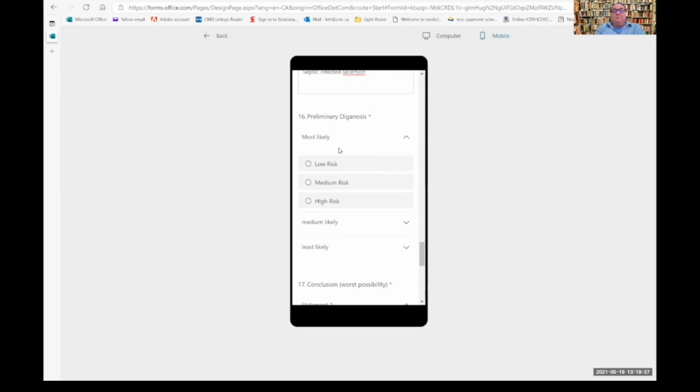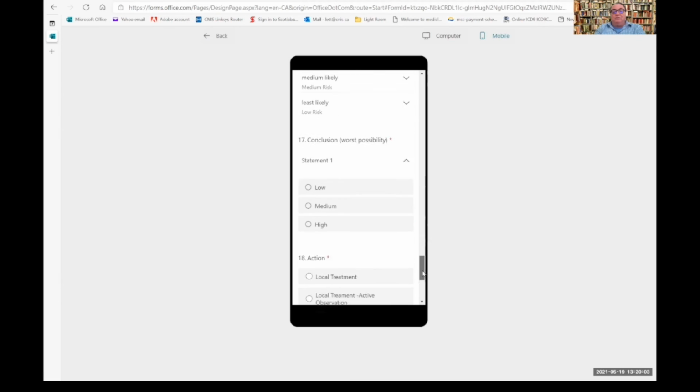So the most likely problem is an infected septic wound, and that's a medium risk. Less likely, it's contaminated, but with the tetanus toxoid, that would make it medium too. The least likely is it's not infected at all, which would be low risk.